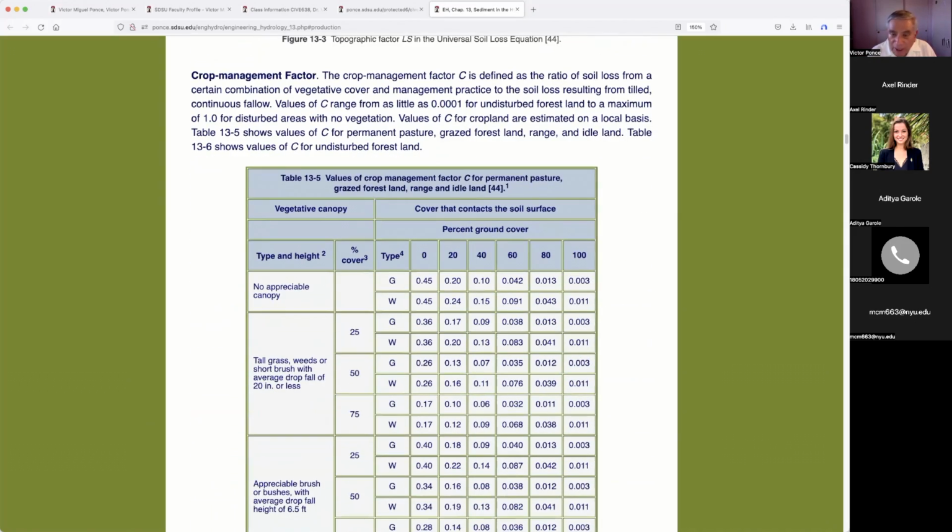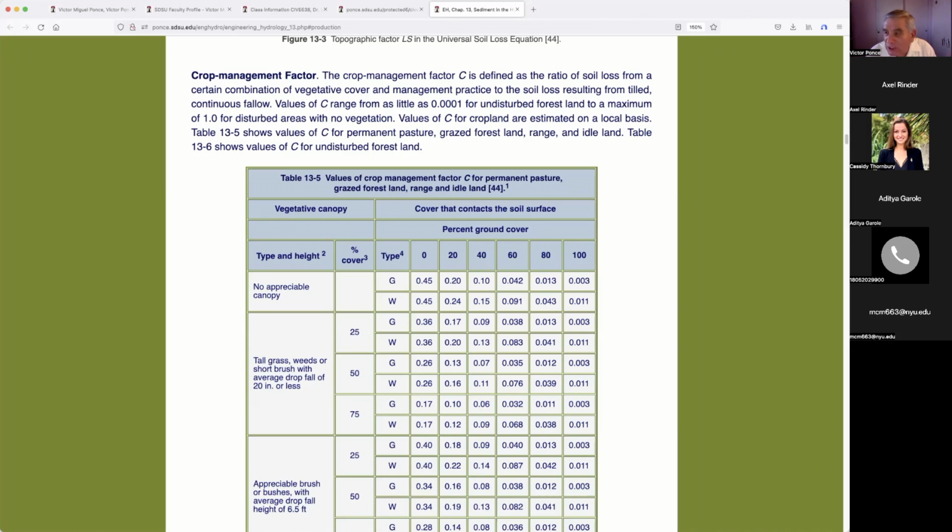The crop management factor, I'm not going to dwell too much on it, is defined as the ratio of soil loss from a certain combination of vegetative cover to the soil loss resulting from tilled continuous fallow. Tilled continuous fallow is the worst case. If you leave the land in tilled continuous fallow, you'll have a whole lot of sediment production. If you manage it, then it will be reduced.